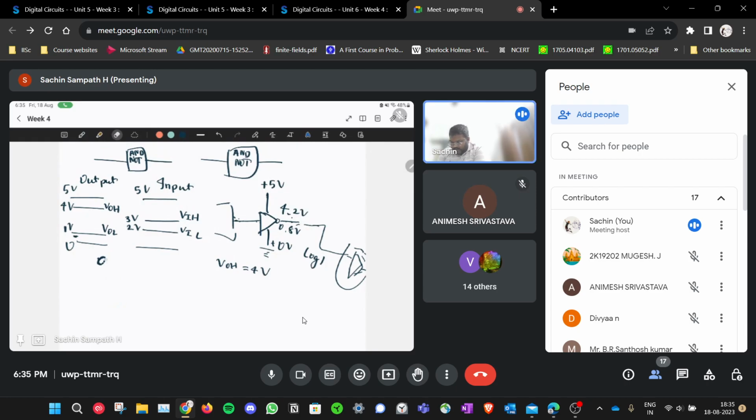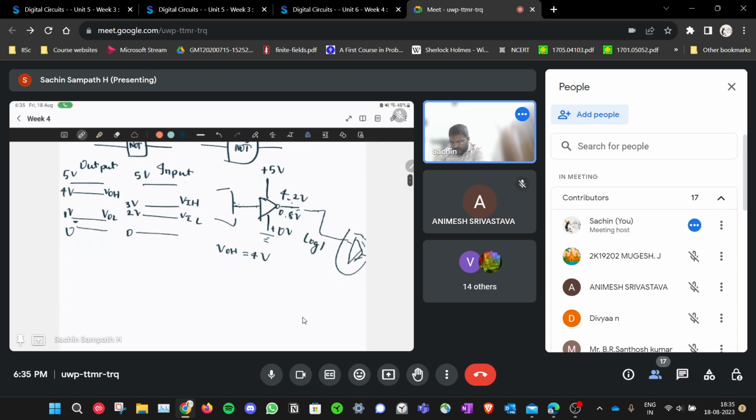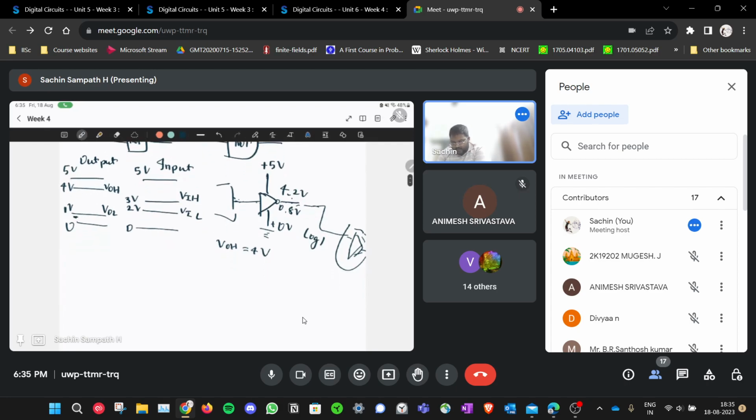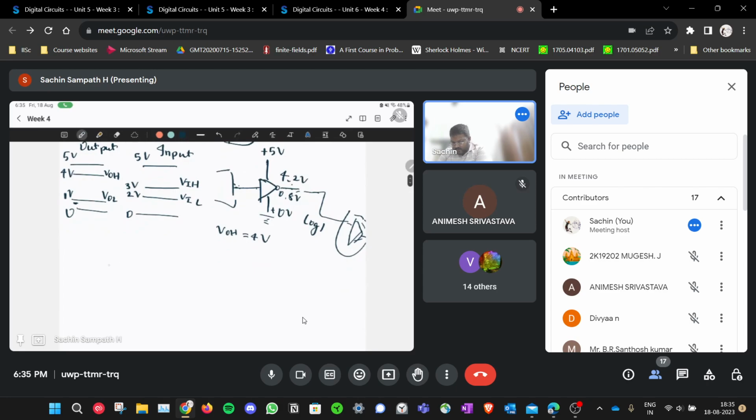So what is one advantage of having these different threshold values for input and output? Let's say you have a cascade of these circuits, and some input is given to this inverter.